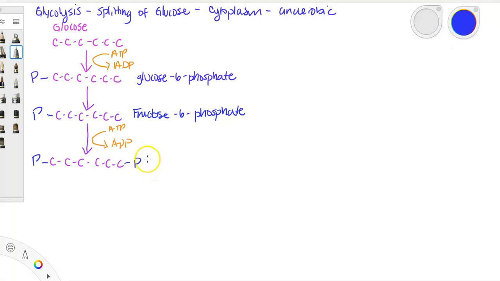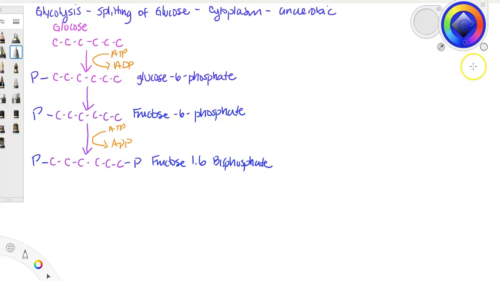And this is called fructose 1,6-bisphosphate. So the phosphates are on the first and the 6th carbon, bisphosphate, 2 phosphates. Okay, so it's not that complicated. All right, so once we get to here, that's phase 1. We've just used 2 ATP for that.